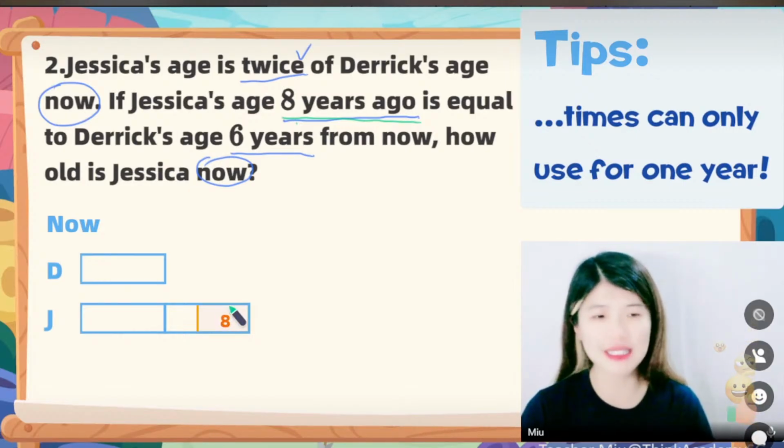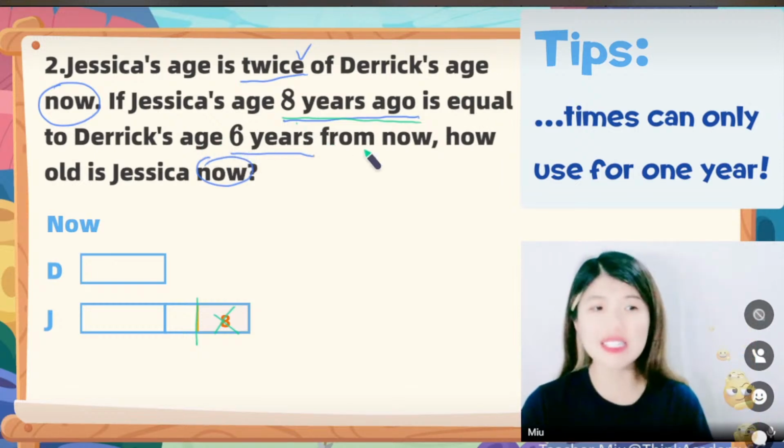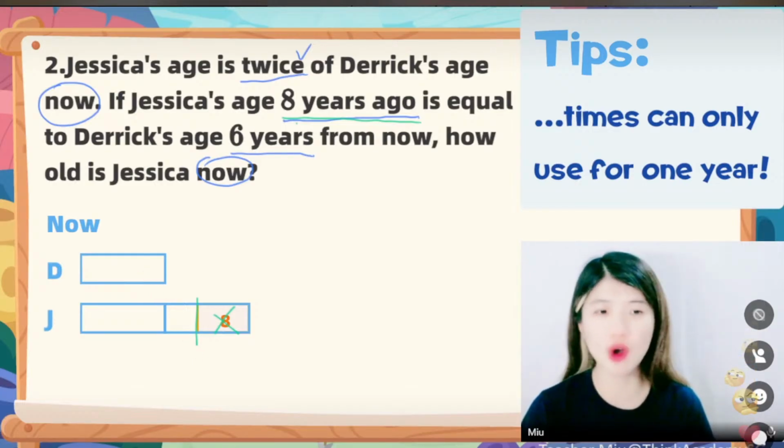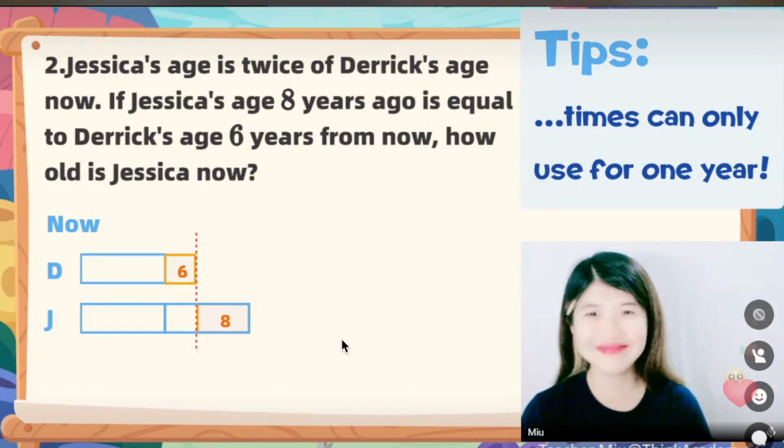Then she would just reach here, right? Then it says it's equal to Derek's age 6 years from now. That means for Derek, what should we do to him? Have 6 more, right? Then they will be equal. Any idea?